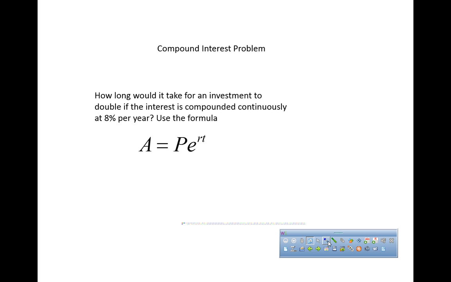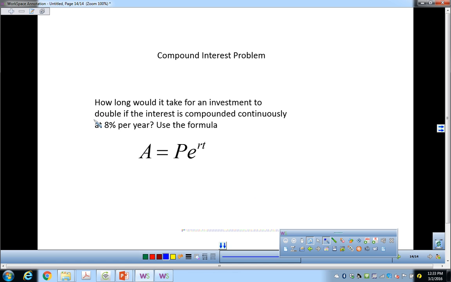I'm going to do an example, then you're going to do one. So, if you are investing, how long will it take for an investment to double if the interest is compounded continuously at 8% a year? Okay? So, I'm just going to call this P, it doesn't matter what you call this.